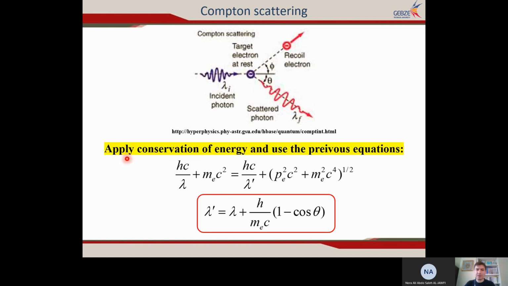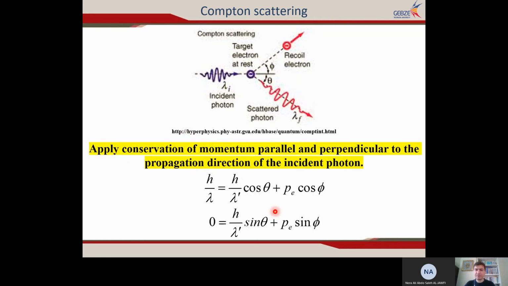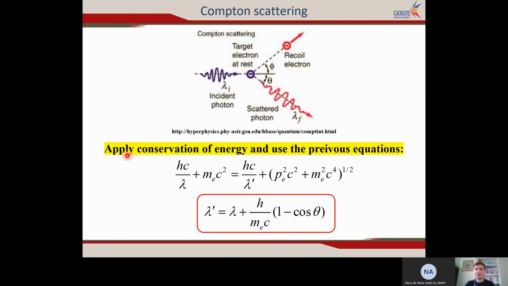And now we will apply conservation of energy, and we will use the previous equations. So what about the conservation of energy? So energy of the total system before the collision or before the scattering, and energy of the total system after the collision.